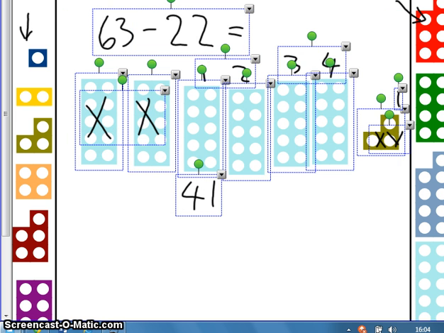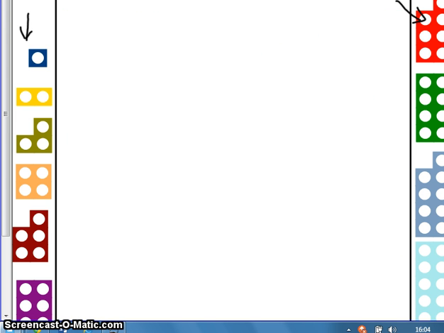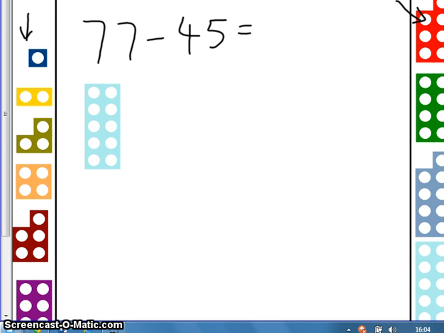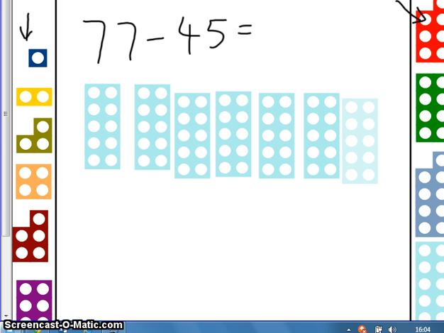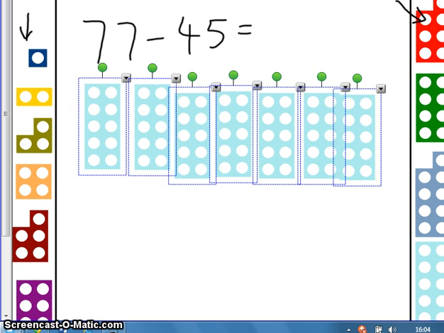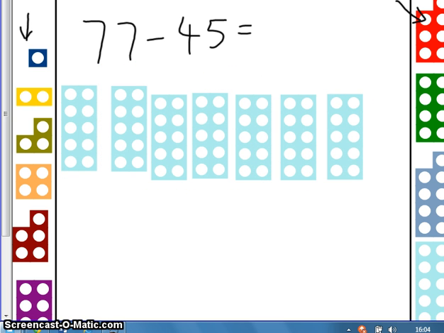So a different question: 77 take away 45. I'm not regrouping yet, just showing it without worrying about that. 10, 20, 30, 40, 50, 60, 70, squeezing it in. 77, sorry.